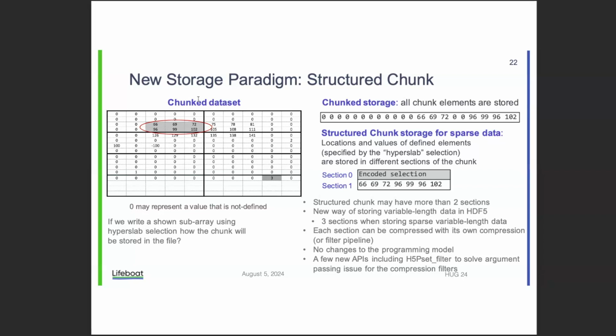Let's suppose we have sparse data with variable length. Well, just add another section, put a heap containing the variable length data, and augment the second section, the fixed length data, with offsets and lengths into the heap. You can use this for a lot of other things as well.